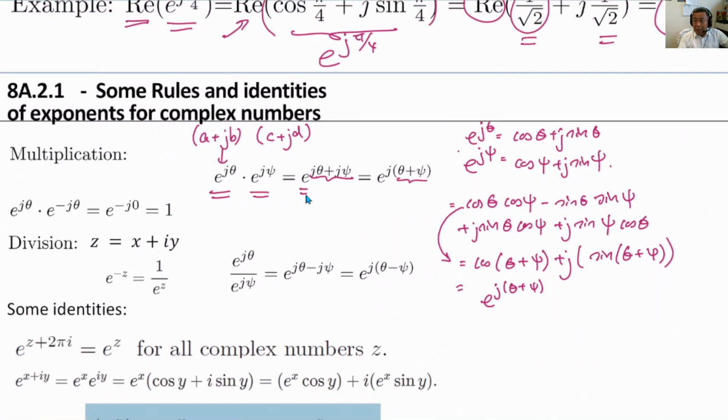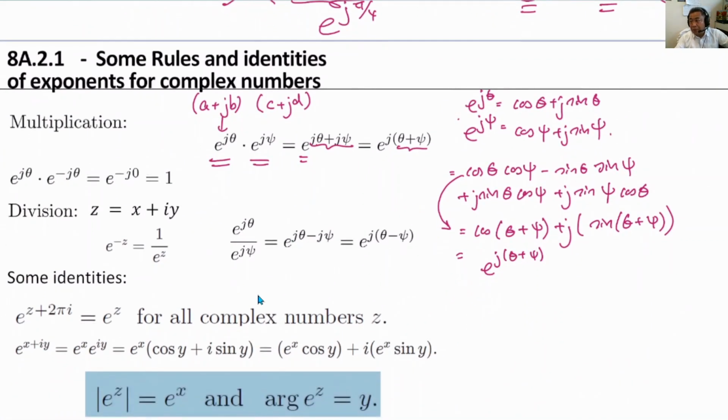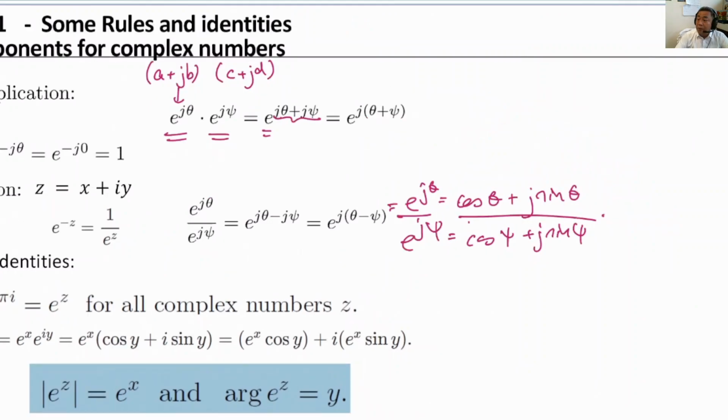Okay? And then what about when you have division? Alright, now let's do the division. Well, we're going to write e^(jθ) divided by e^(jψ) as this. And then what we remember is that when we want to divide by a complex number, the denominator cannot be complex.